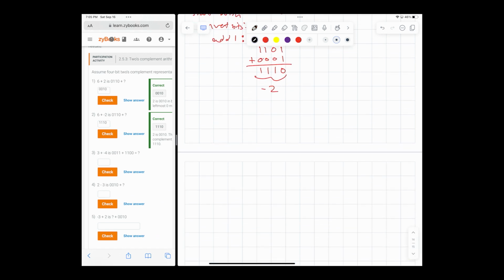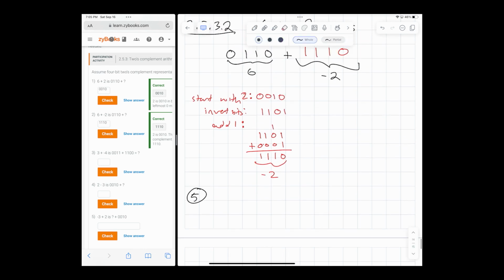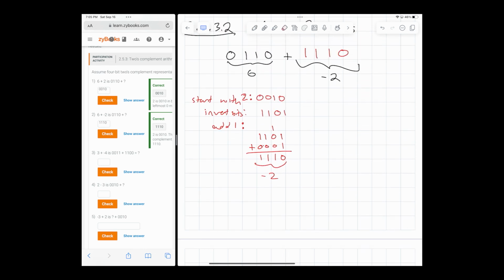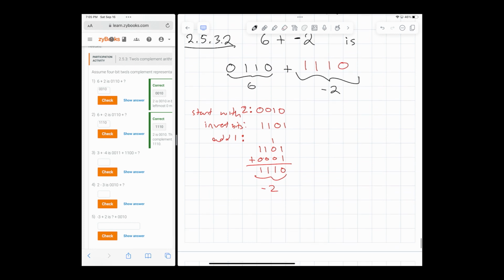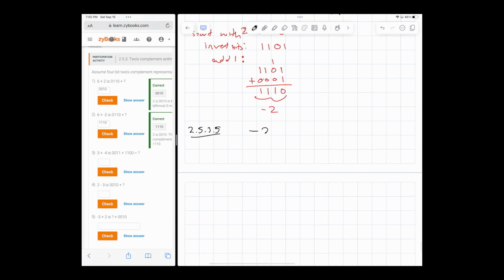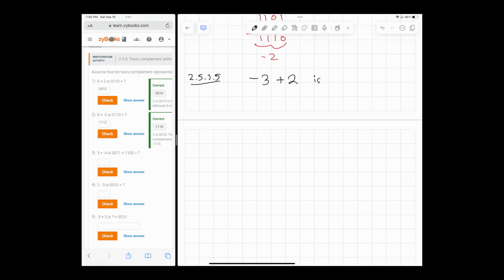Like you can do all of the rest of them. So if we jump to 5, I guess 2.5.3.5, they say negative 3 plus 2 is, and then what is it? Well, we need the negative 3 here and then plus the 2 here. And so they filled in the 2 just like before. We have to fill in the negative 3.